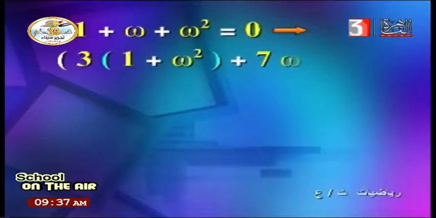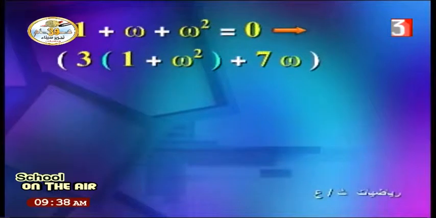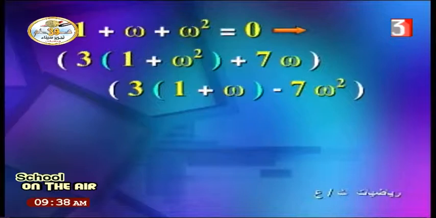Look at, my dear student, this rule: 1 plus omega square equals 0. Therefore, we can put 3 times 1 plus omega square, plus 7 omega. By the same method, in the second bracket, 3 times 1 plus omega inside the bracket, minus 7 omega square.